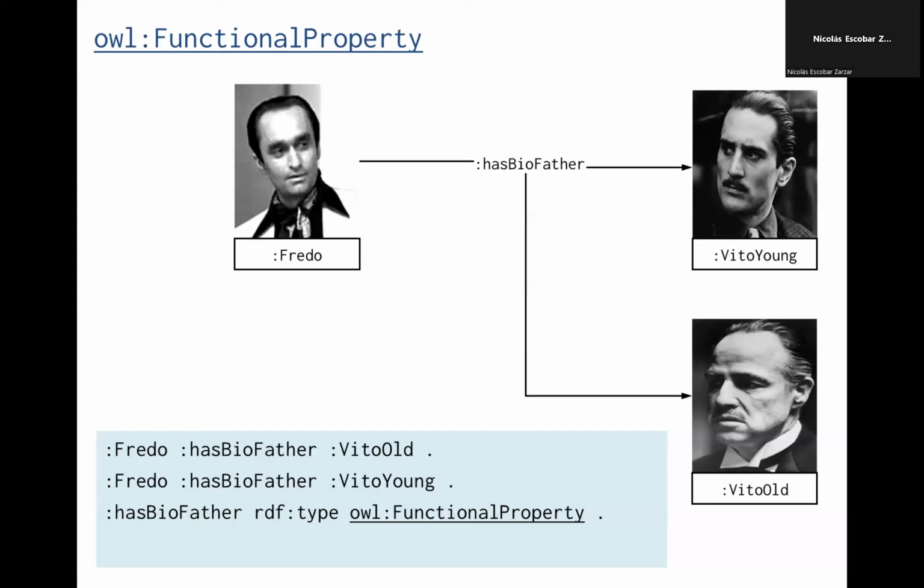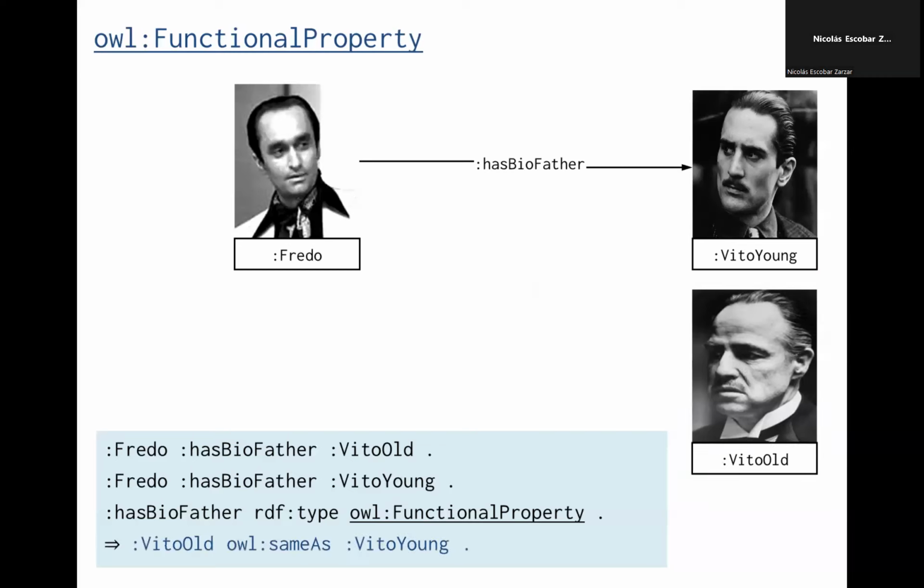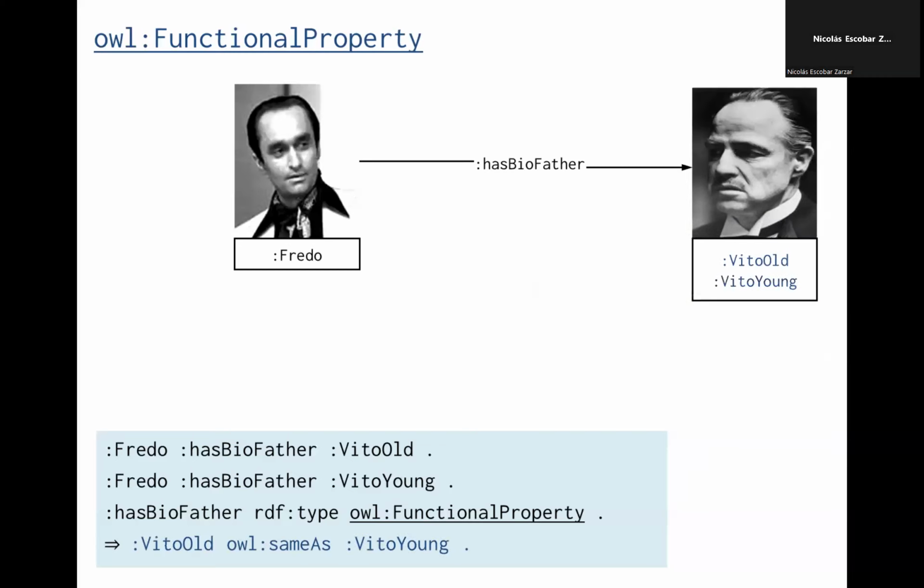They're the same. Exactly. Rather than concluding that there's an inconsistency here, we conclude that they're the same because we don't have a unique name assumption. So without the unique name assumption, there's no inconsistency here. We just assume that these 2 IRIs or identifiers refer to the same entity.